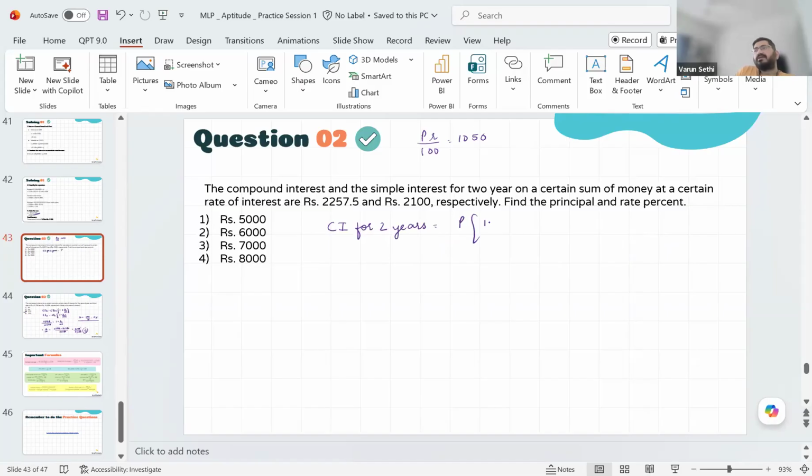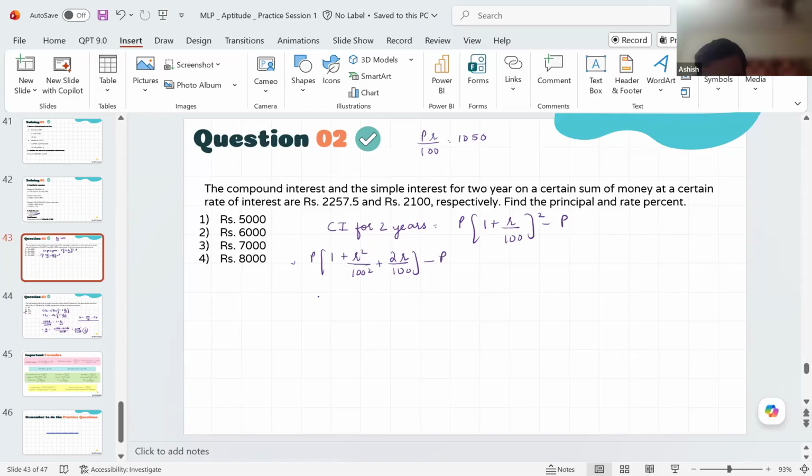P (1 + R/100) to the power of 2 minus P. Yes or no? Amount minus principal. Now open this up: P (1 + R square upon 100 square + 2R upon 100) minus P. Is that clear?